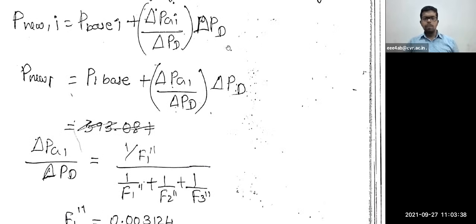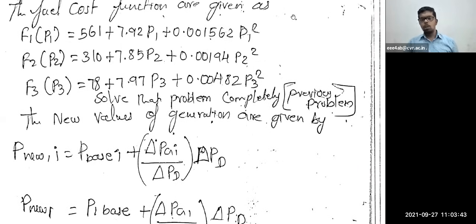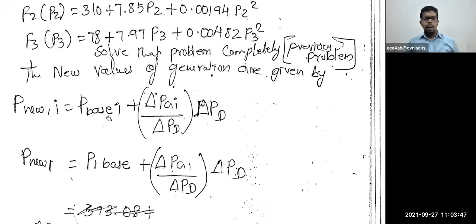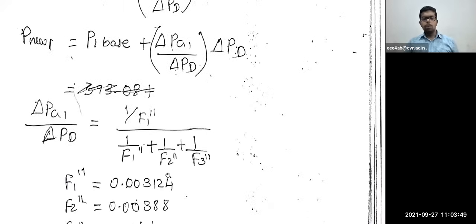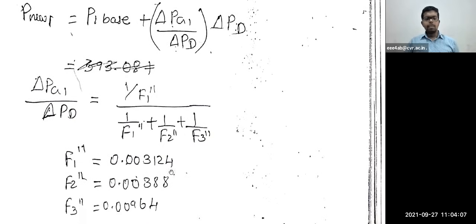Differentiate and substitute P1 is equal to 393, and you will get one answer, 0.003124. I hope everybody is solving the problem with your scientific calculator. So F1 double dash is 0.003124.